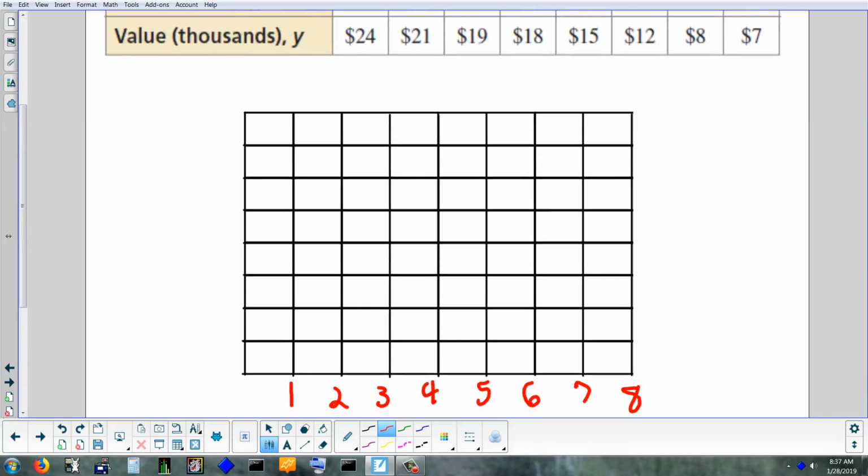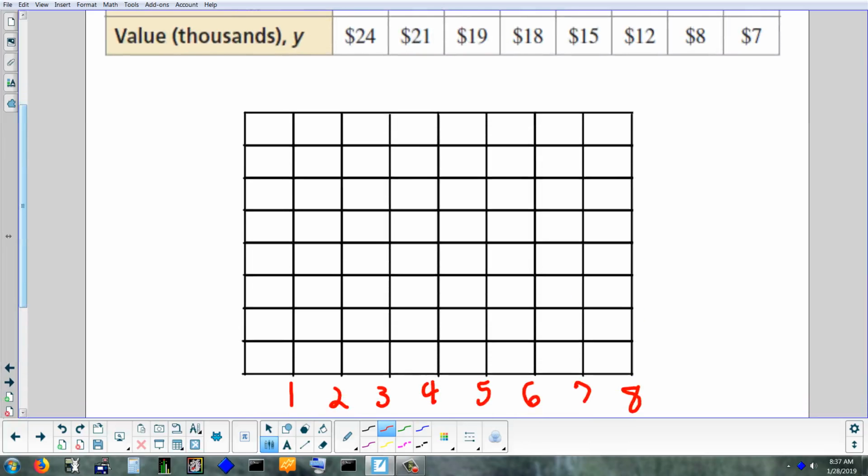Look at my data for this. It's talking about cost, in thousands. A car that's 1 year old obviously would be worth more money than an older car, unless you're talking about a car from like the 1930s.